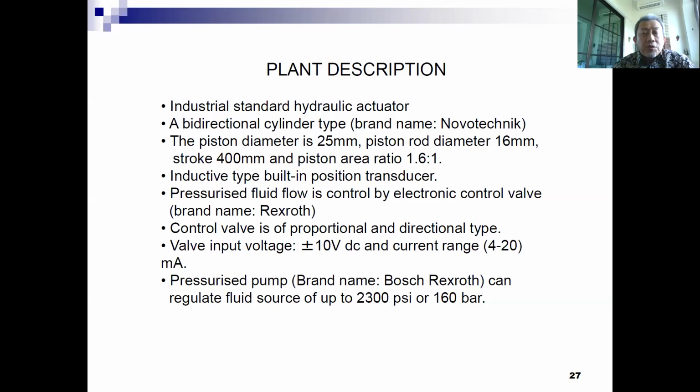It has a position transducer, which is an LVDT, and of course to create pressure in the oil, we use a pump. The pressurized fluid flow is controlled by an electronic control valve, with a P controller. And of course we have to give a voltage of plus minus 10 volt DC with a current of 4 to 20 milliamp, for the pump and for the control valve.